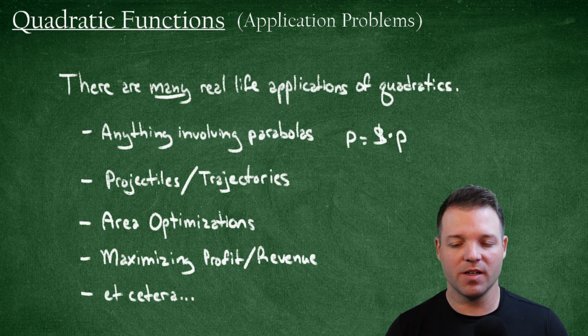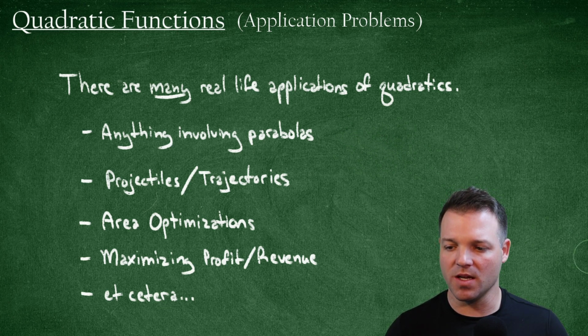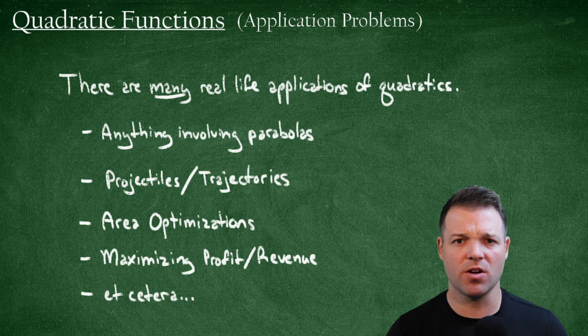But ultimately, again, if I can figure out some kind of expression for the dollar and for the people where they are using a shared variable, that variable will end up multiplied by each other, giving us another quadratic. So these are kind of interesting problems. And again, we're going to start off basic today, though. Okay, so let's go ahead and do a couple of problems, see what this looks like.